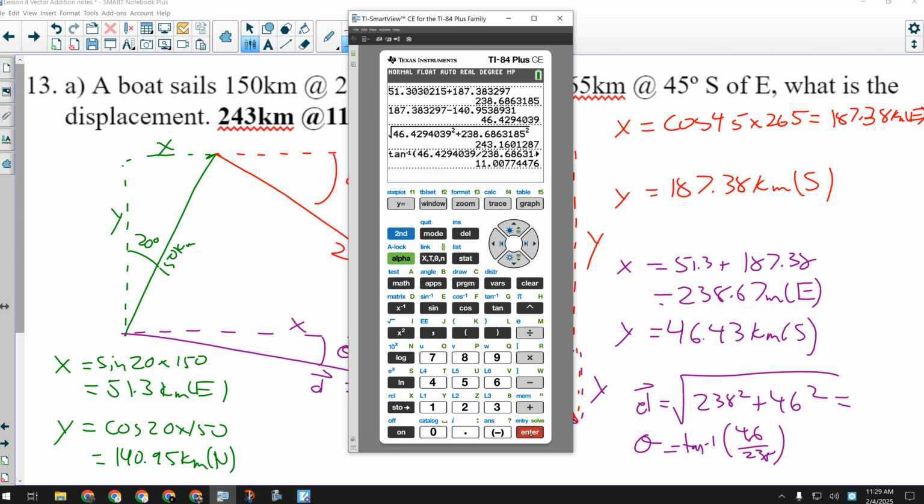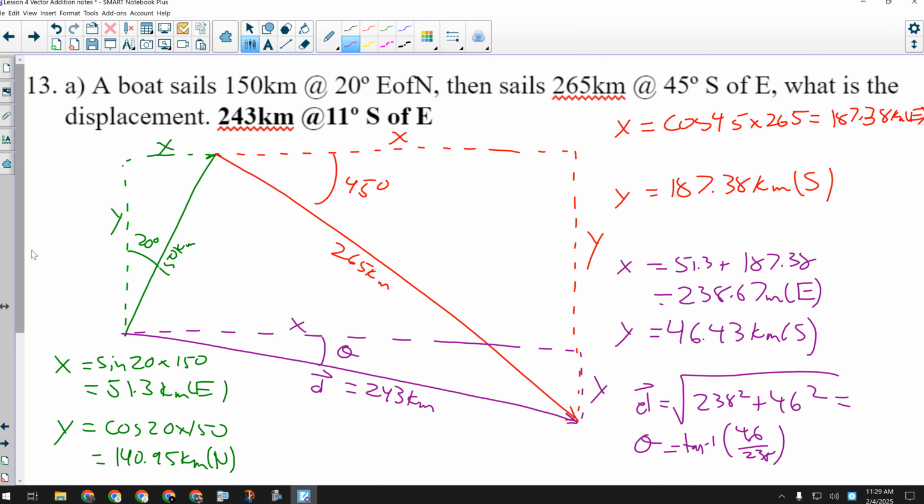So we're looking at 11 degrees, and for me, that direction is south of east. But we only have 2 significant digits, so this should actually be 2.4 times 10 to the 2 kilometers at 11 degrees south of east.